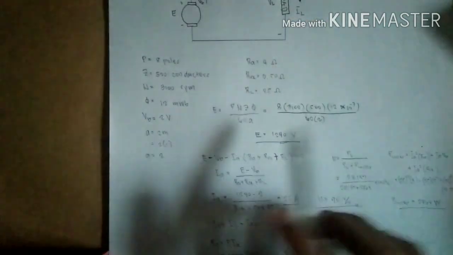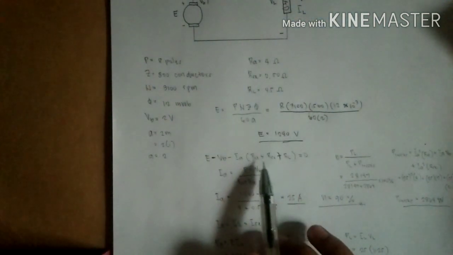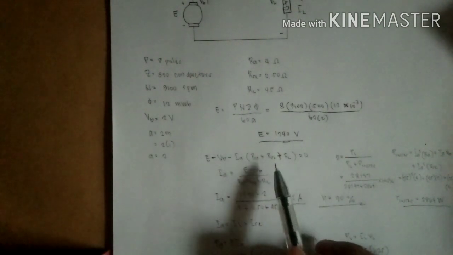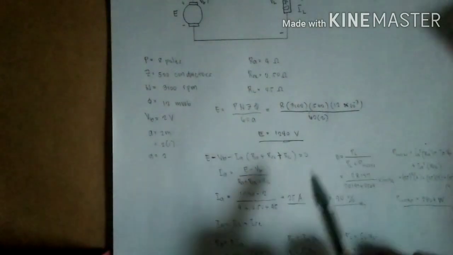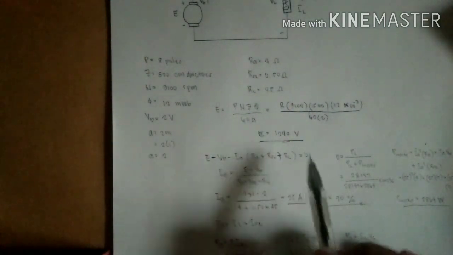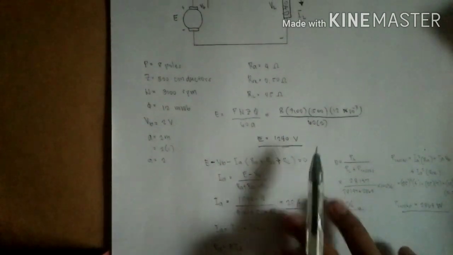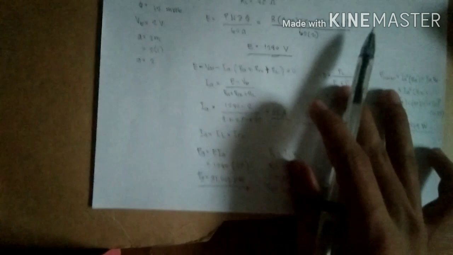That's why I put RA plus RSE, or the series field resistance, plus the load resistance. Since it is in series, we simply add all the resistances.